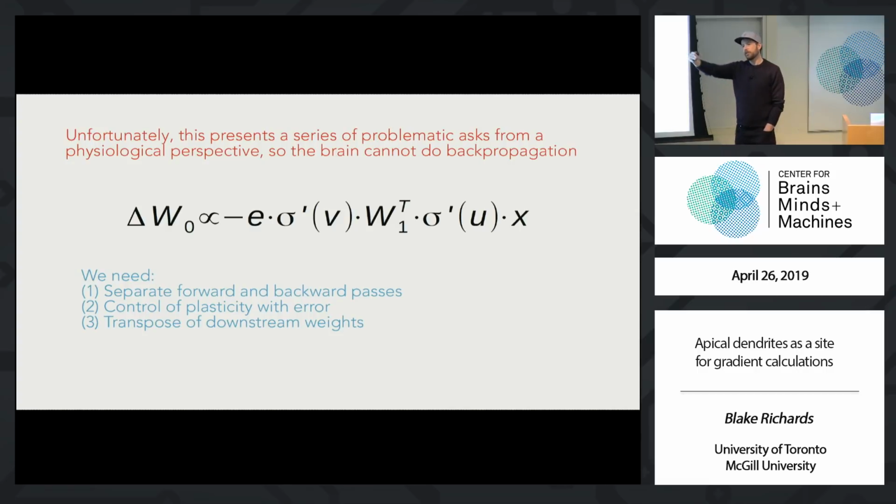So you need to send activity through the network, and then you need to do your gradient propagations backwards. So you need to calculate the gradients at the top, then calculate the gradients of the next layer, and so on and so forth, and go backwards like this. And at least, even though there's maybe some evidence for waves of activity, there's no clear evidence of completely separate forward and backward passes in the brain, certainly not throughout the entire hierarchy of the cortex.